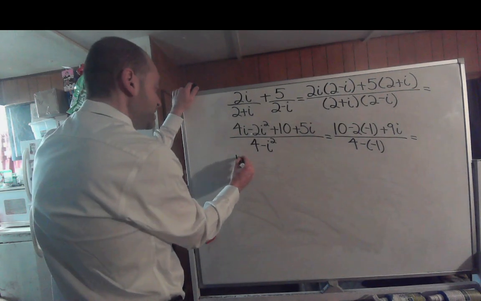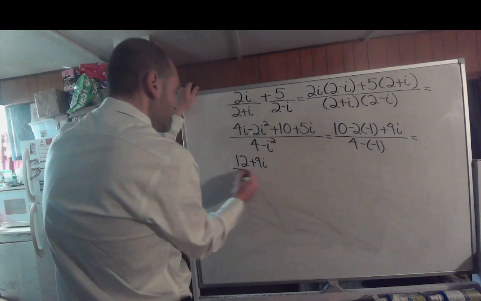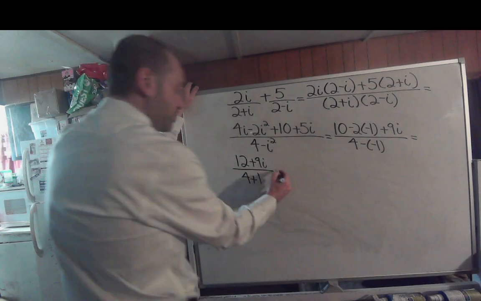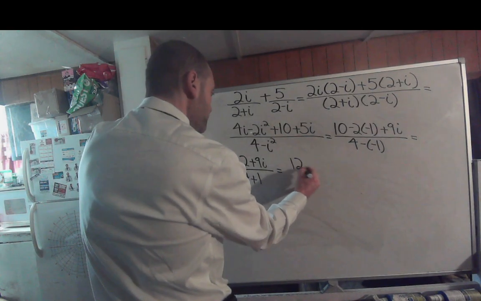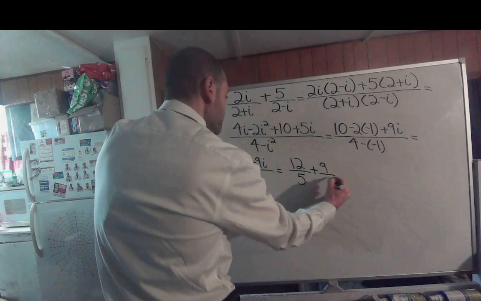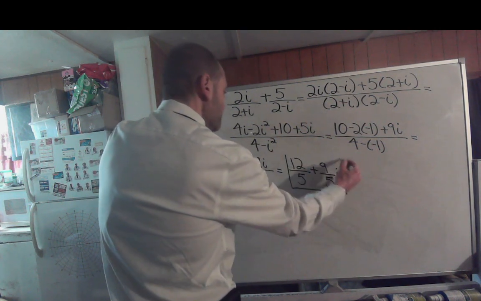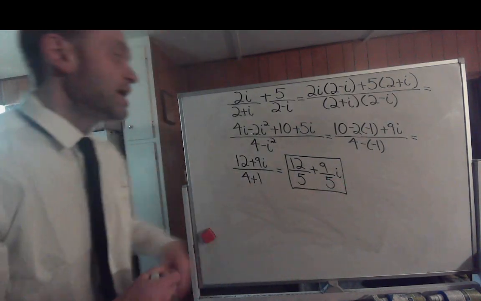This would end up turning into 12 plus 9i all over 4 plus 1, which we know is 5. So your final answer should end up being 12/5 plus 9/5 i. So your final answer would end up being 12/5 plus 9/5 i.